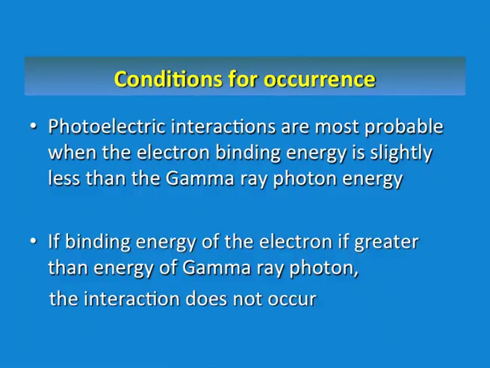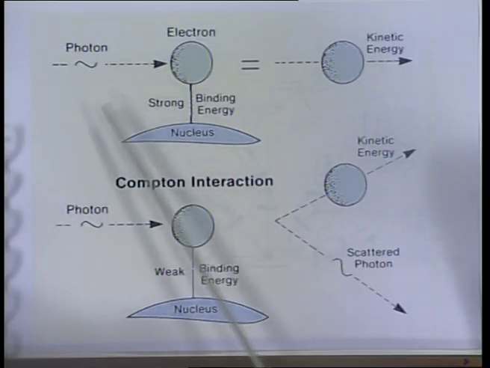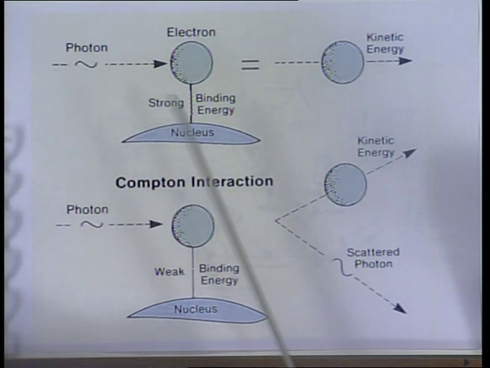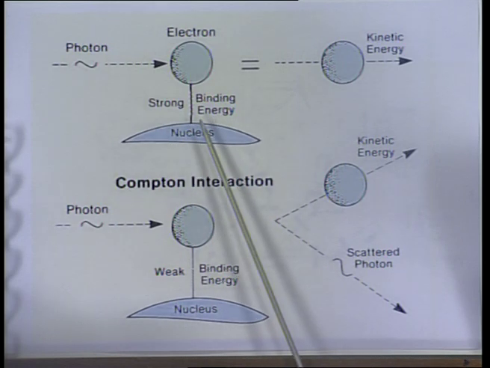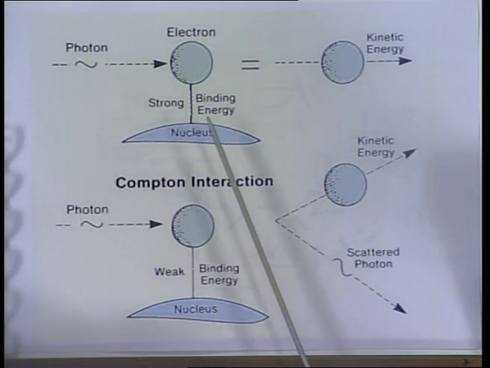Let us see what conditions are to be satisfied in order to get the photoelectric effect. Photoelectric interactions are most probable when the electron binding energy is slightly less than the gamma ray photon energy. It means the gamma ray energy should be greater than the binding energy of the electron.